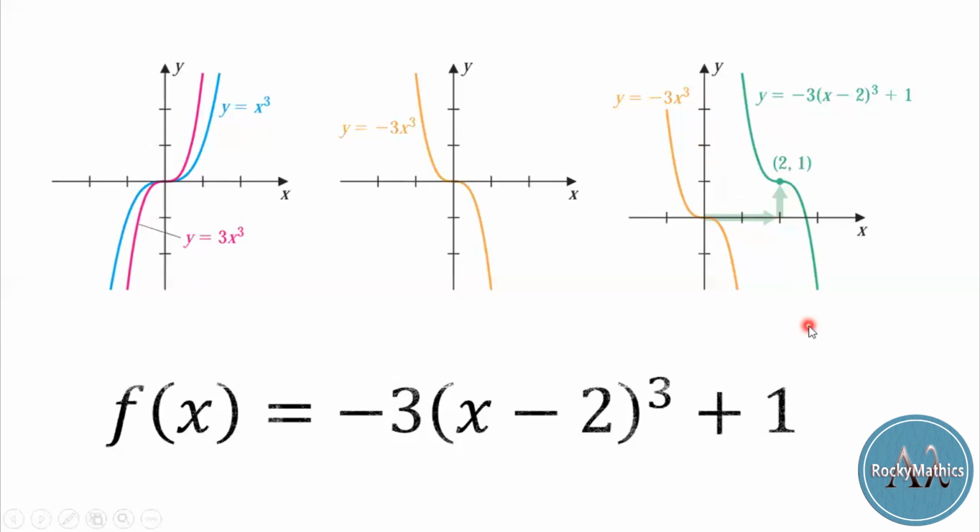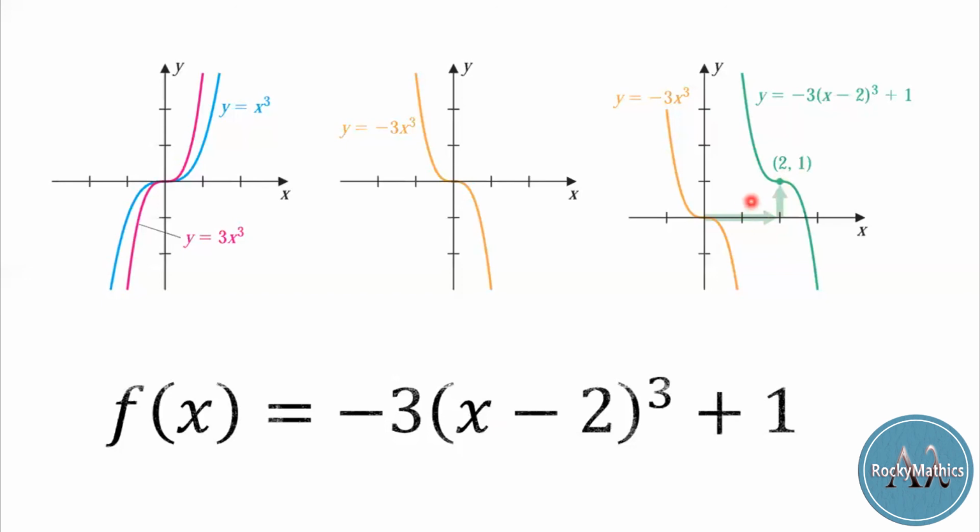But since there is plus 1 here, the graph whose point lies at 2, 0 will be shifted 1 unit upward. That's why we shift that one 1 unit upward.